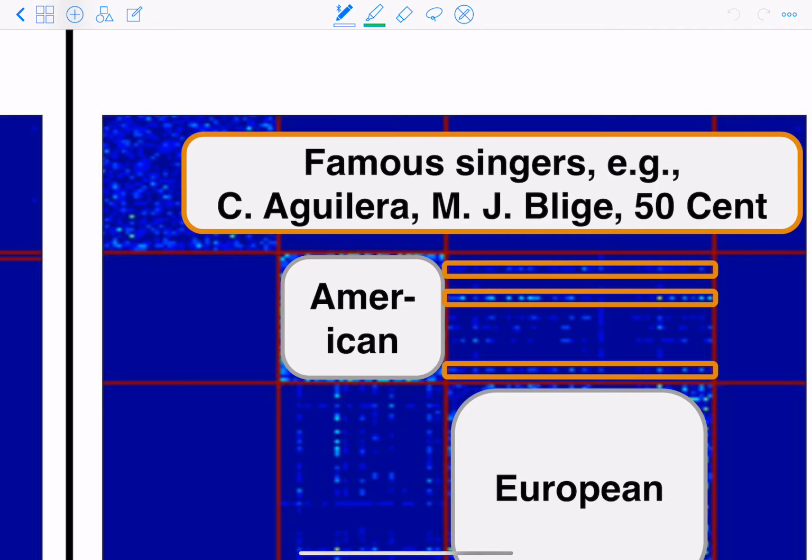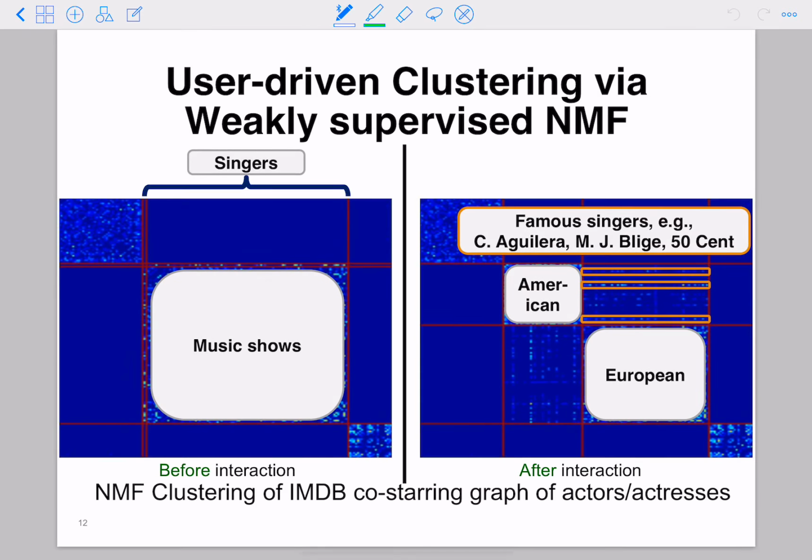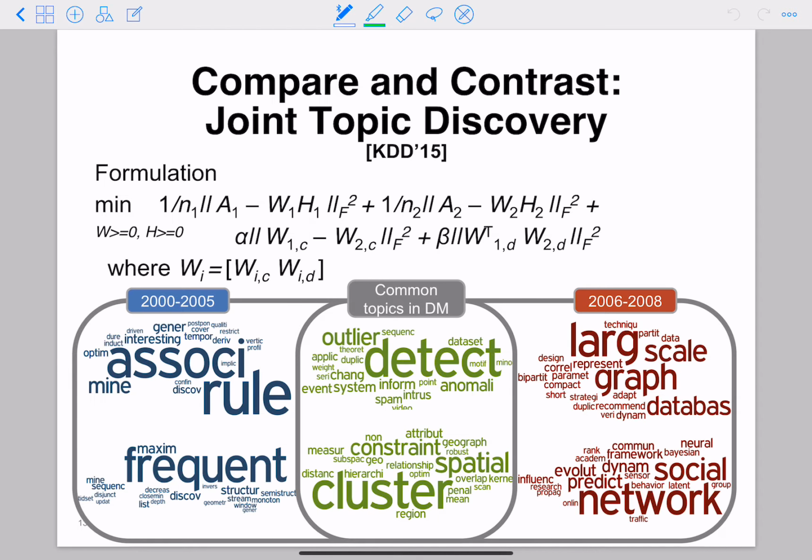I'm not sure if you are familiar with these people, but they are really famous pop singers in the US: Christina Aguilera, Mary J. Blige, and 50 Cent. It doesn't ring a bell? Anyway, this is another example of semi-supervised clustering.